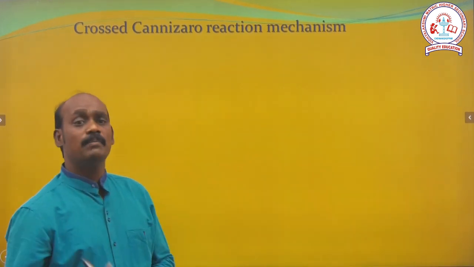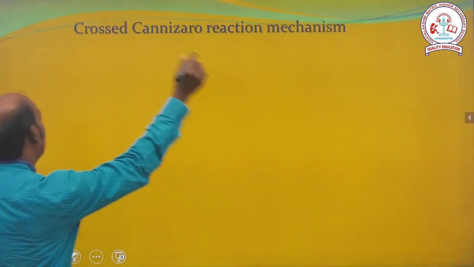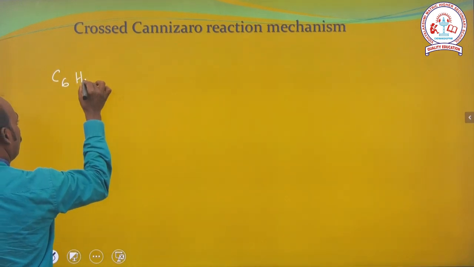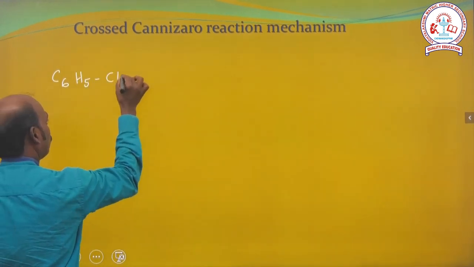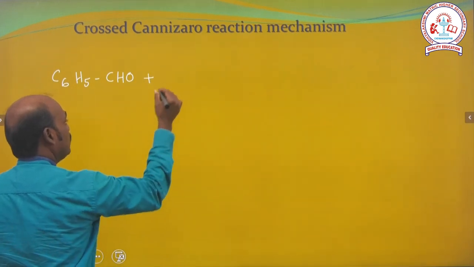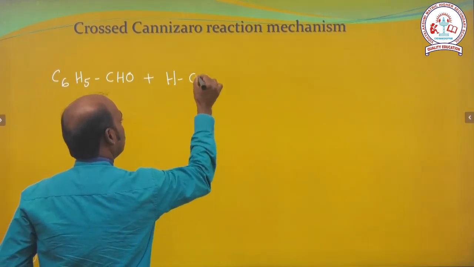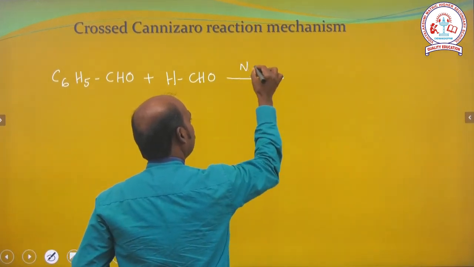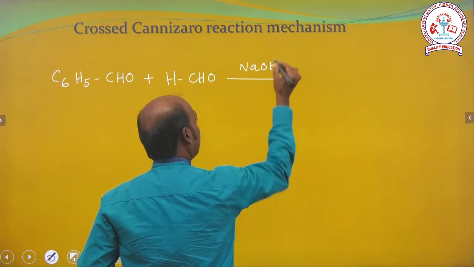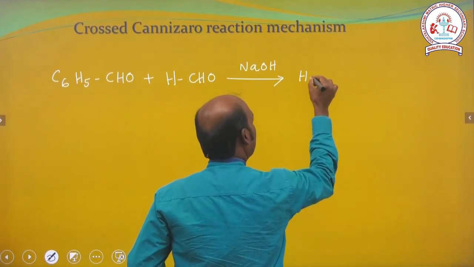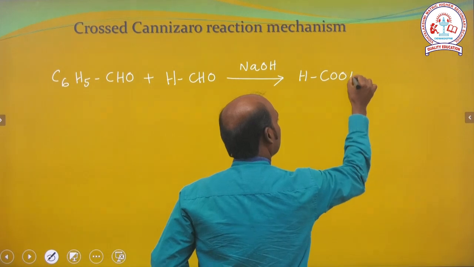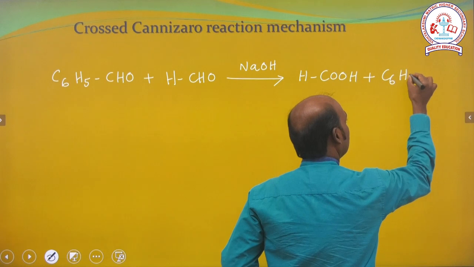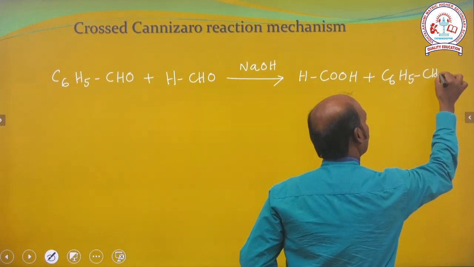So let us take benzaldehyde and formaldehyde. Crossed Cannizzaro reaction, for example, benzaldehyde C6H5CHO, treated with formaldehyde HCHO in presence of sodium hydroxide or potassium hydroxide, which forms formic acid or sodium formate and benzyl alcohol C6H5CH2OH.